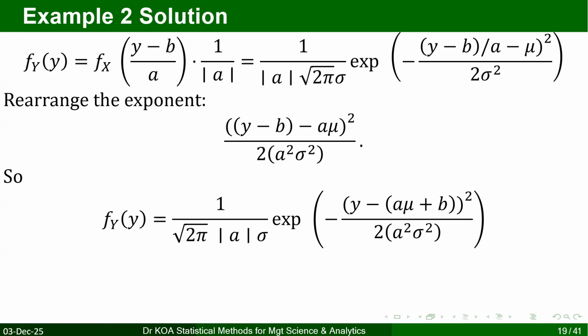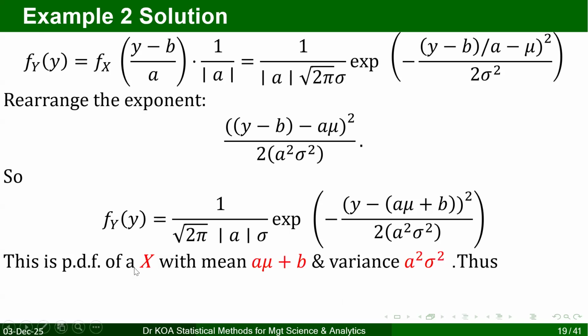Suppose that we are doing it for the equation of a line instead. So this becomes a probability density function of x, but this time the mean will change. You see that this becomes a probability density function, but the mean will change because now the mean has become a mu plus b, because normally it would have become mu. And then the variance is going to be the item in the bracket here, which is this.